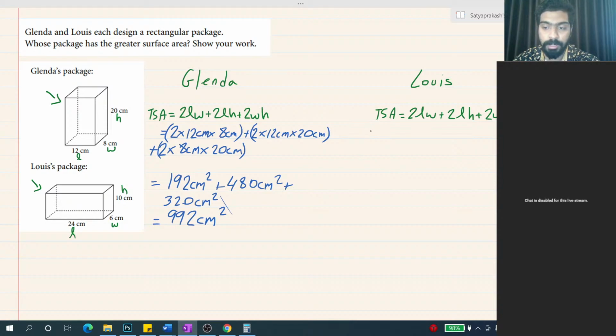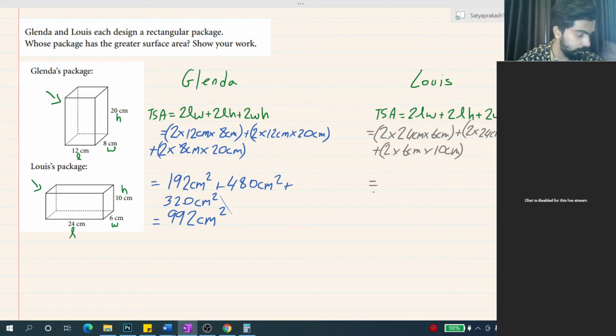So again, we would have 2 multiplied by 24 cm multiplied by 6 cm plus 2 multiplied by 24 cm times 10 cm, and then lastly plus 2 multiplied by 6 cm times 10 cm, right?